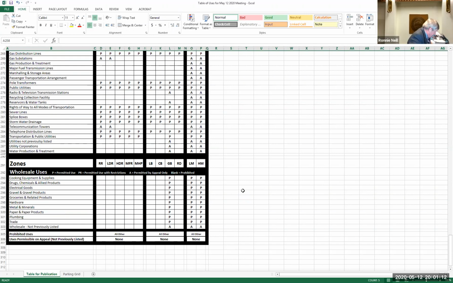Yeah. The point being that if you have a warehouse basically to distribute, whether it's hardware or electrical goods or cooking equipment, it's really all the same thing. It's distribution. Whereas if they're manufacturing there, then it just goes into manufacturing. So I'm not sure you need a wholesale. I don't either, because we have warehousing and distribution under manufacturing uses.